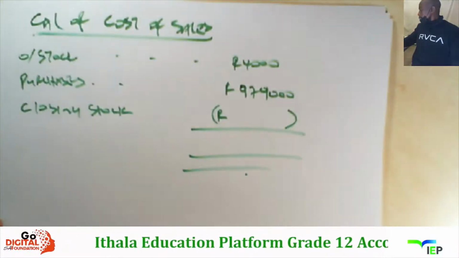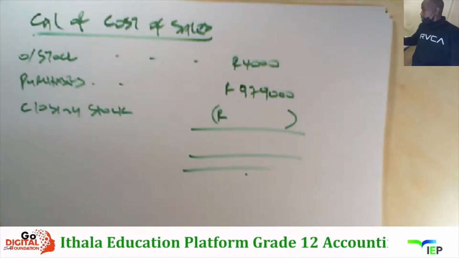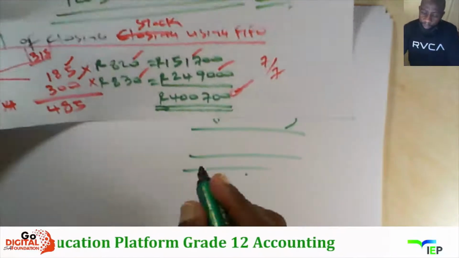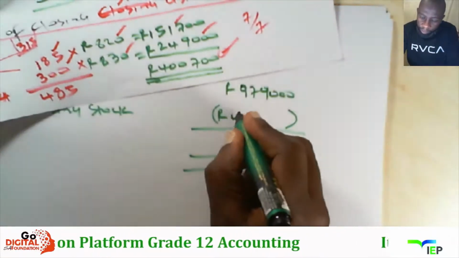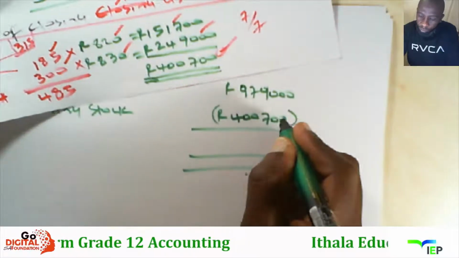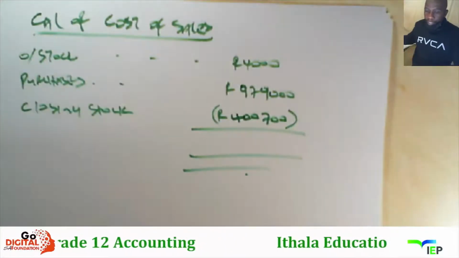Okay, let's check what was the figure of the closing stock. It's here. You can see we put this figure here, 400,700. Then just get that figure down there.